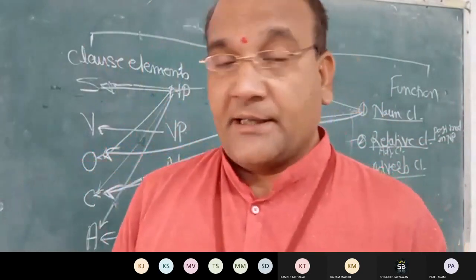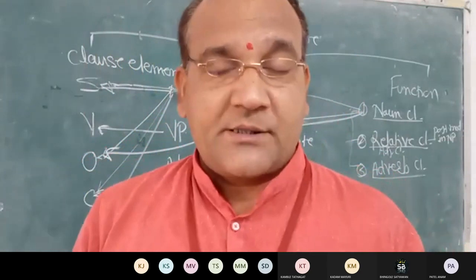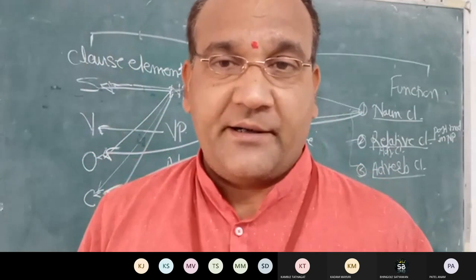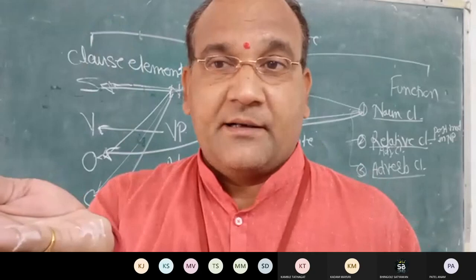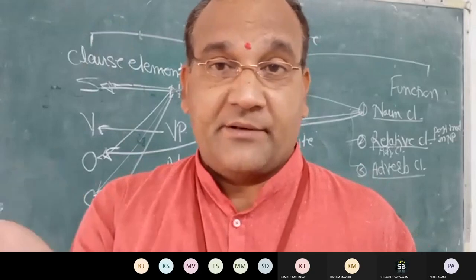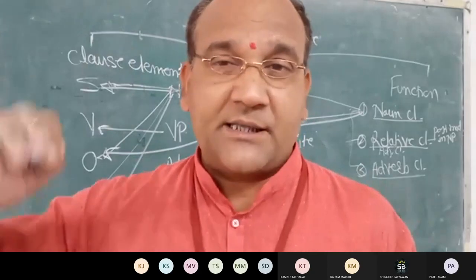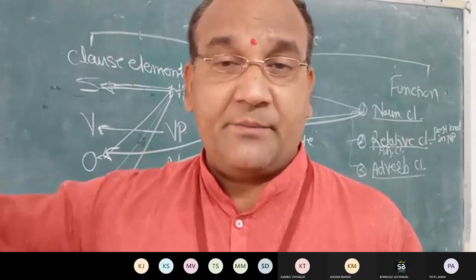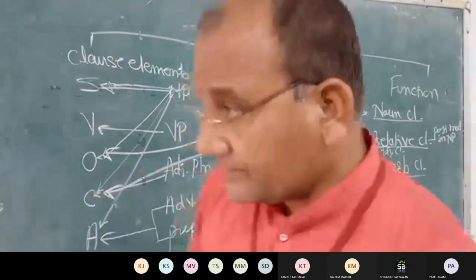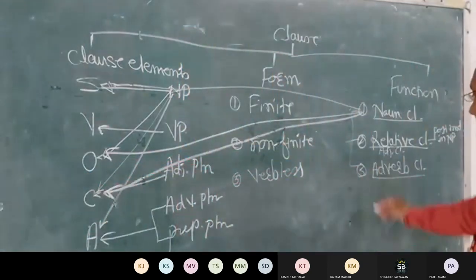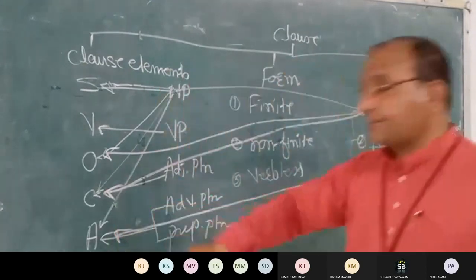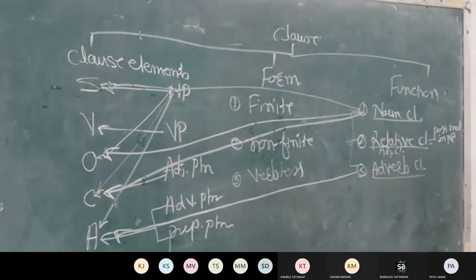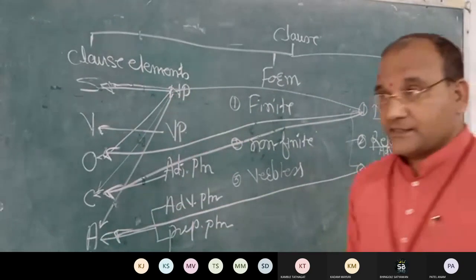Remember my words: a relative clause occurs only as a post modifier, and the clause occurs at phrase level, not at sentence level. If a subordinate clause occurs at sentence level, then it becomes a complex sentence. Now, an adverb clause can function only as an adverbial.